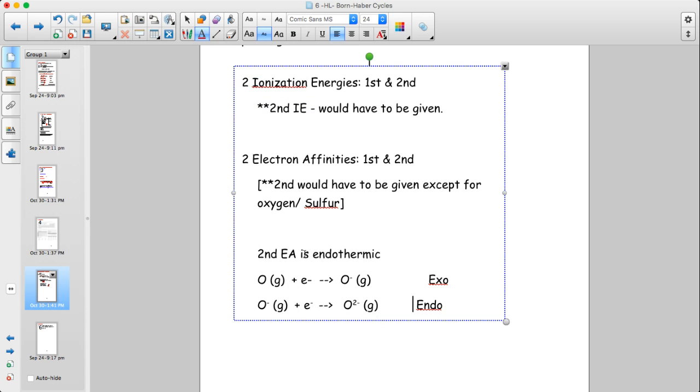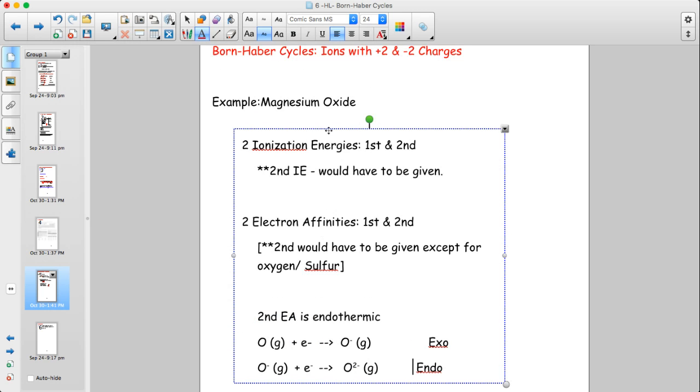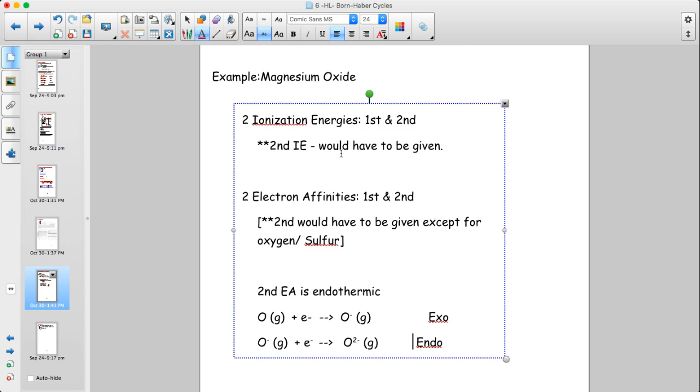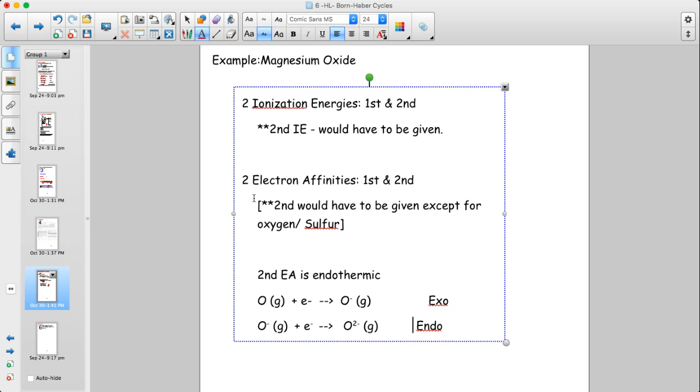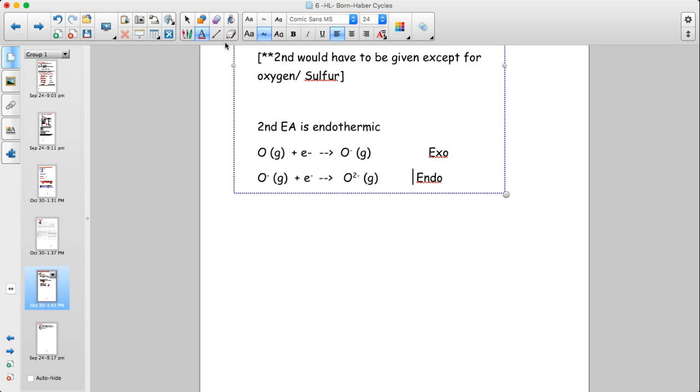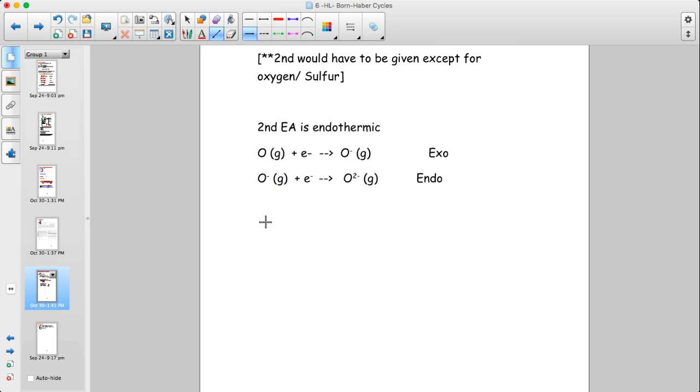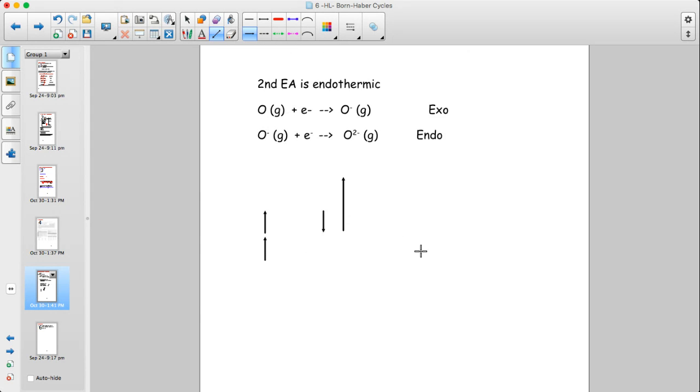And so this would be the trickiest type of thing they could throw at you, if you are forming something like magnesium oxide, you're going to have to remember to add up 2 ionization energies. So 2 changes in the positive direction for both those ionization energies. The first electron affinity brings you down, but then the second electron affinity brings you back up.